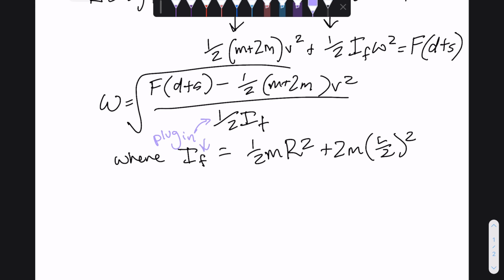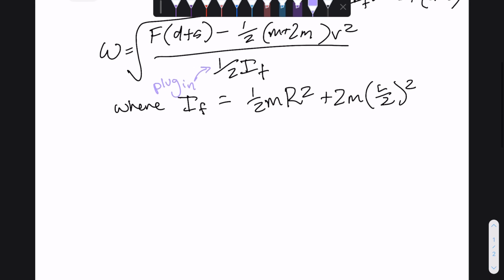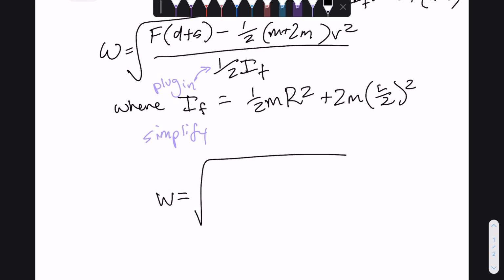And then we will use this I and plug that in for I in the original rearranged equation for omega. And from there, that is essentially the correct answer.